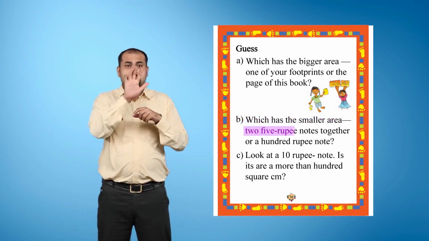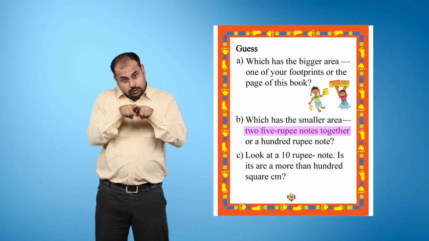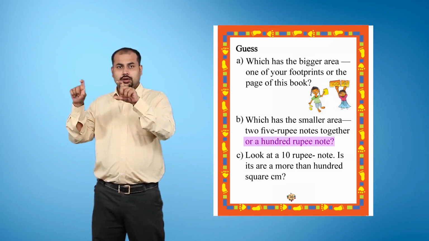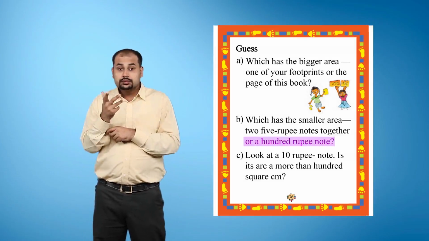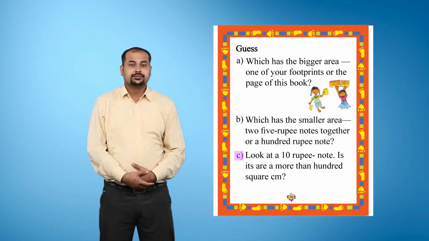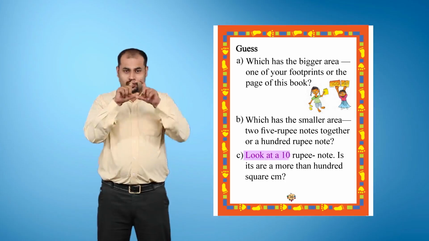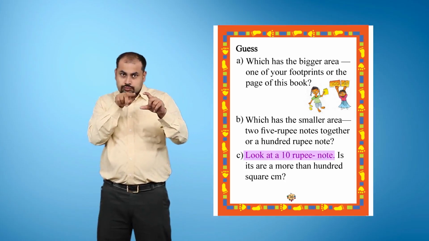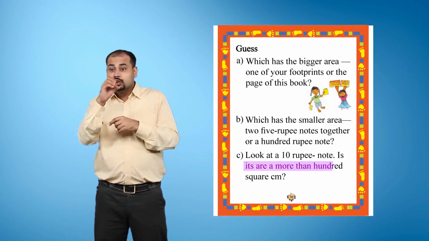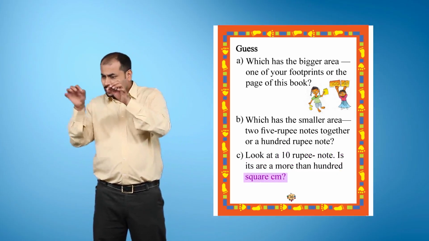Two 5-rupee notes together or a 100-rupee note? C. Look at a 10-rupee note. Is its area more than 100 square centimeters?